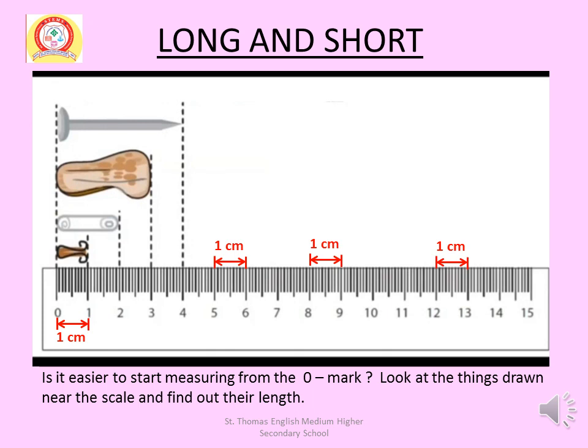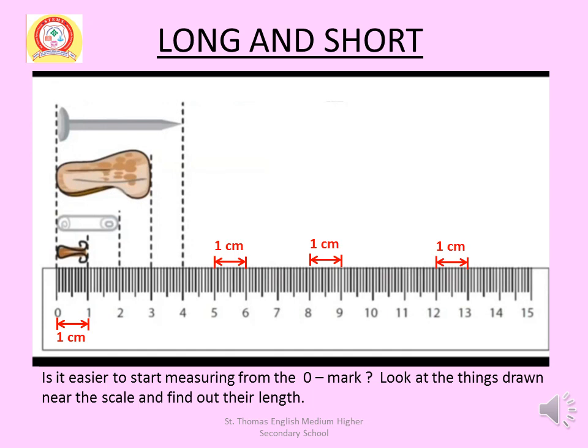Is it easier to start measuring from the 0 mark? If we see the scale, each larger division between 0 and 1, 1 and 2, 4 and 5 measures 1 centimeter. When we measure the length of an object, we count the number of divisions on the scale it spans.